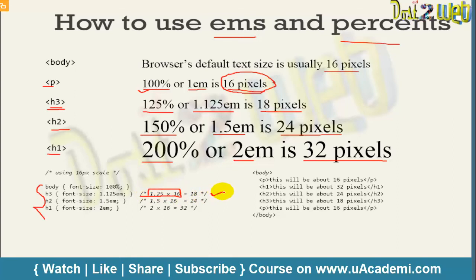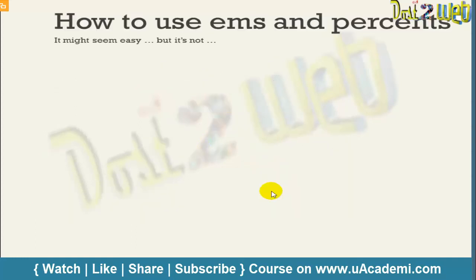If you need to calculate the pixel size, how are you going to calculate? It's very simple. Whatever EM value has been used, just multiply it with 16. The moment you define 16, it will automatically work this way, and you can design like this.